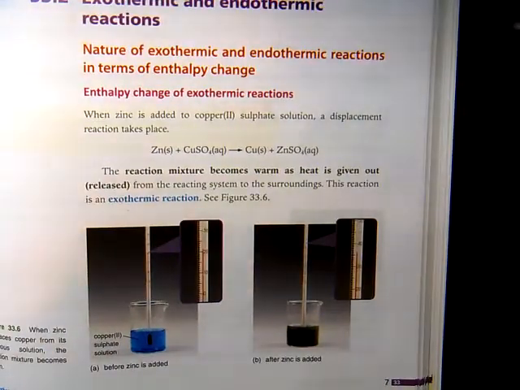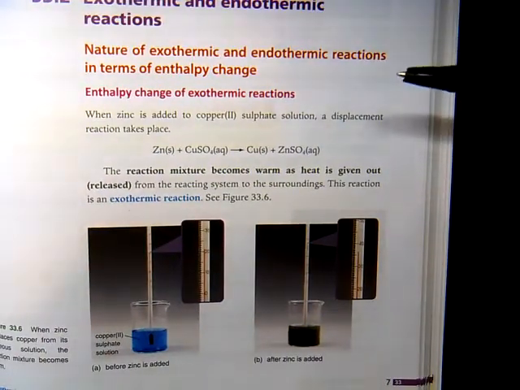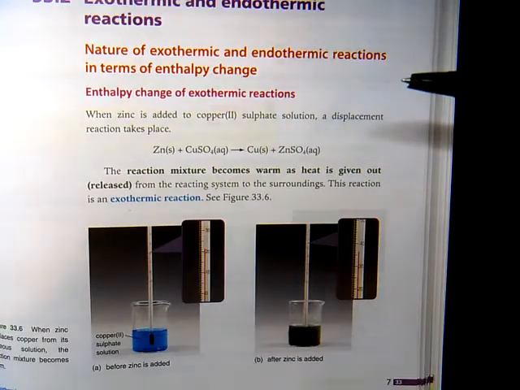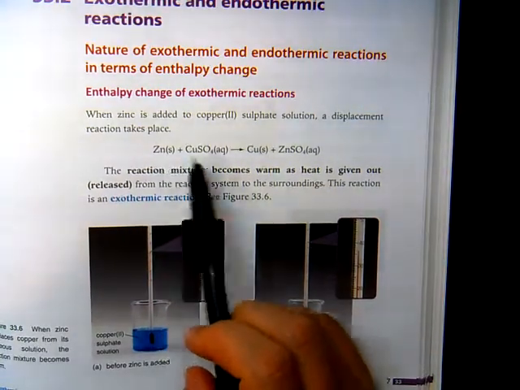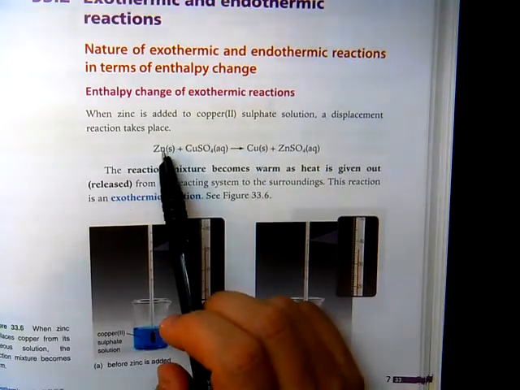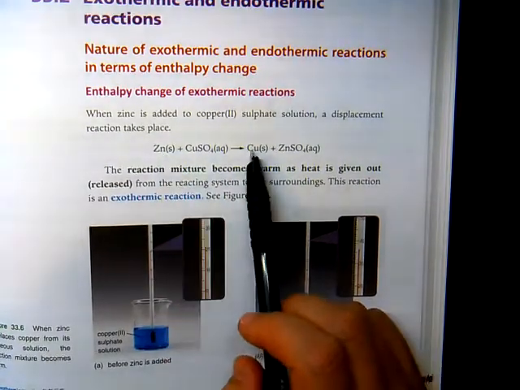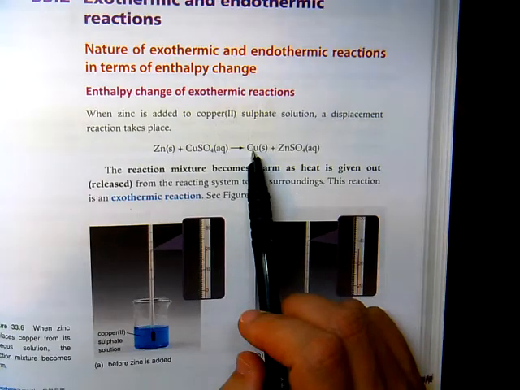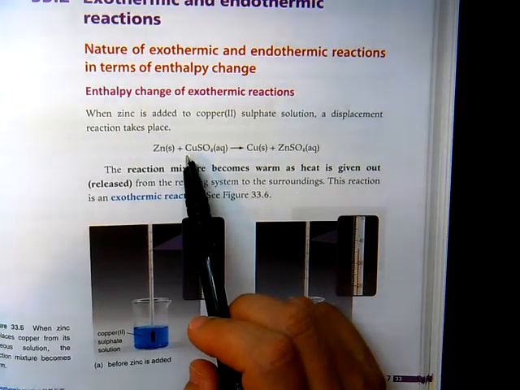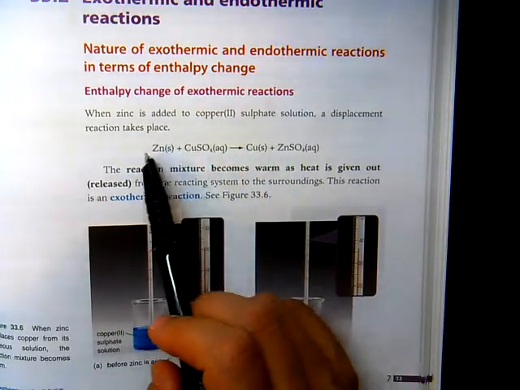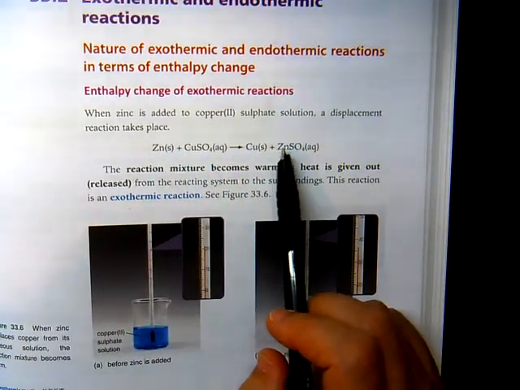Turn to page 7. Now, I would like to show you an example of an exothermic reaction, which is the displacement reaction. Zinc, being more reactive than copper metal, can displace copper metal from copper sulfate. This is an exothermic reaction.